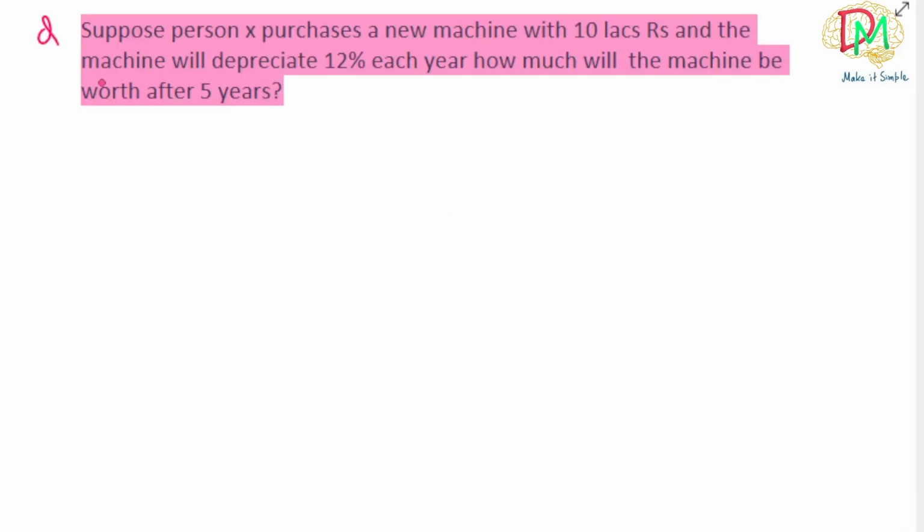Let's solve one problem on depreciation. Suppose person X purchases a new machine with 10 lakh rupees and the machine will depreciate 12% each year. How much will the machine be worth after 5 years? So draw a line. Value is 10 lakhs, the principal, and the rate of depreciation is 12%.